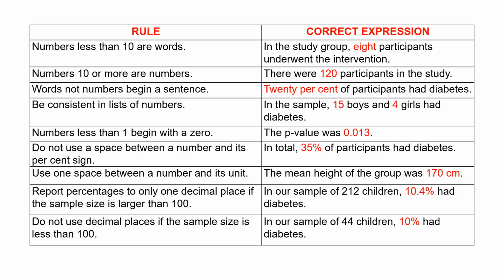With reference to textual descriptions, here are some basic rules for writing numbers. So numbers less than 10 are words, numbers 10 or more are numbers, words not numbers begin a sentence, be consistent in the list of numbers, numbers less than 1 begin with a 0, do not use a space between a number and its percent sign, use one space between a number and its unit, report percentages to only one decimal place if the sample size is larger than 100.